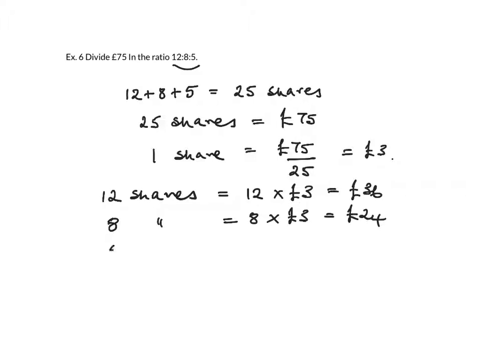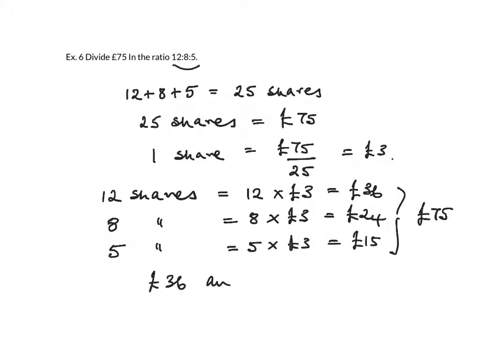And 5 shares, 5 times £3, and that's £15. And it's useful just to check. 36 and 24 is 60, plus 15 is £75. So we would have £36 then, and £24 and £15.